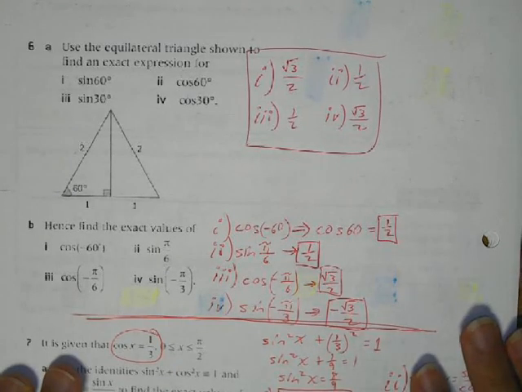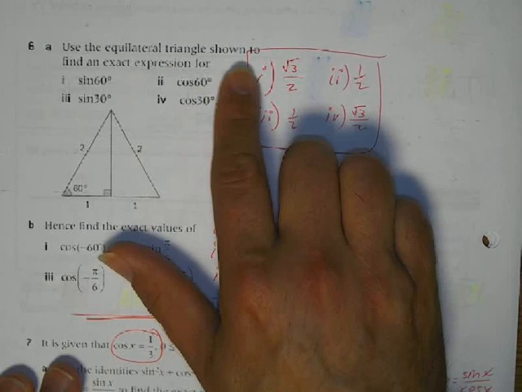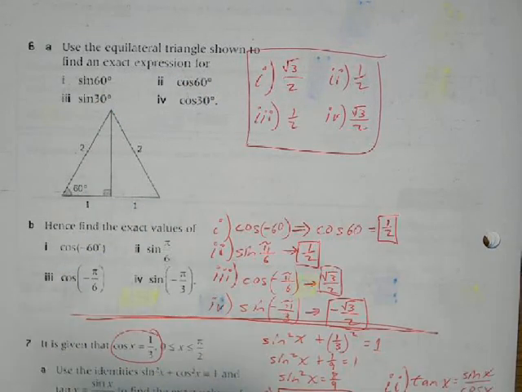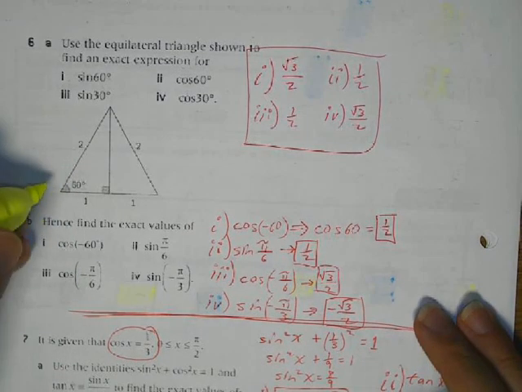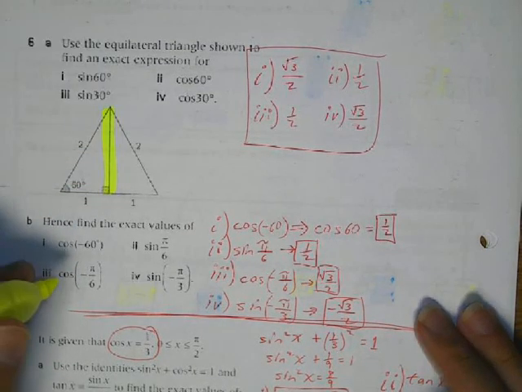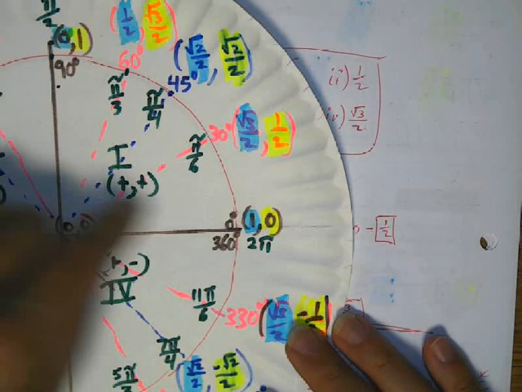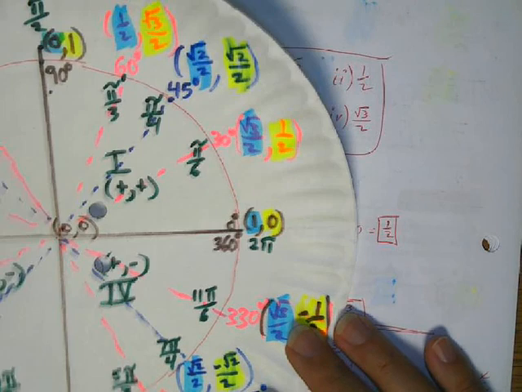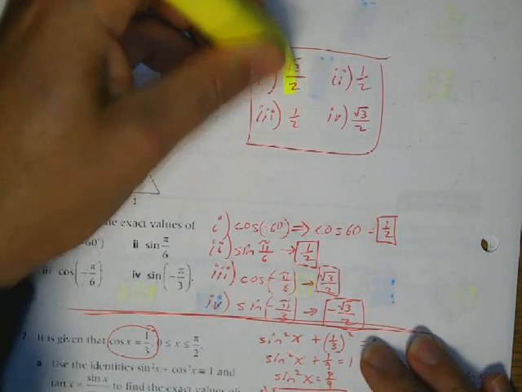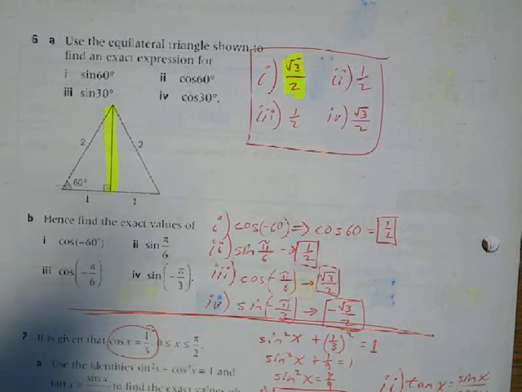Okay. So use your equilateral triangle to find exact values. So sine 60, so sine, as we know, is the opposite side. So we already know that the opposite side of 60 degrees is radical 3 over 2. Okay. Cosine of 60.